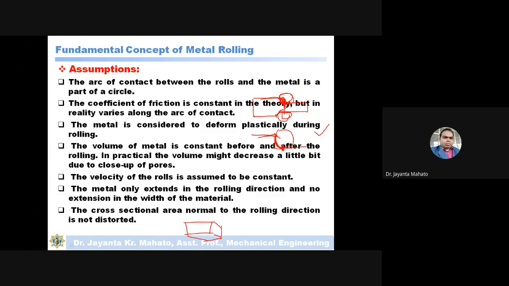Suppose this is the slab material. We consider that the metal only elongates along this length. After elongation, the material will elongate and get thin, meaning the thickness is also reduced. This is the thickness, so the thickness also gets reduced.